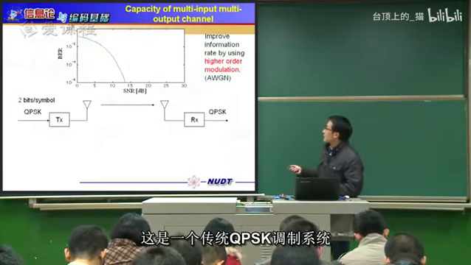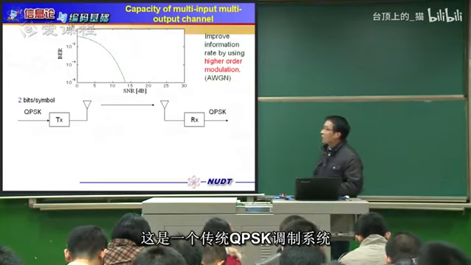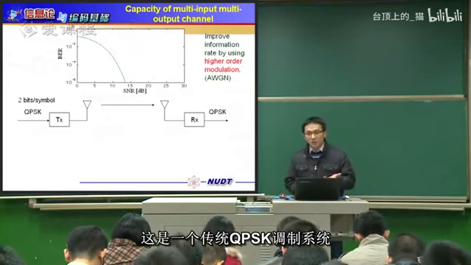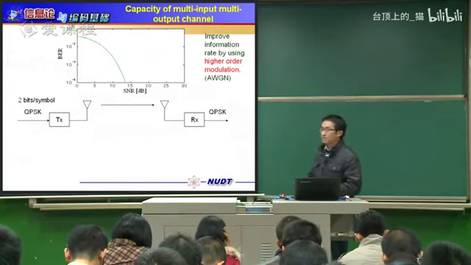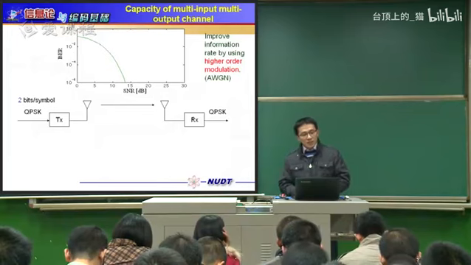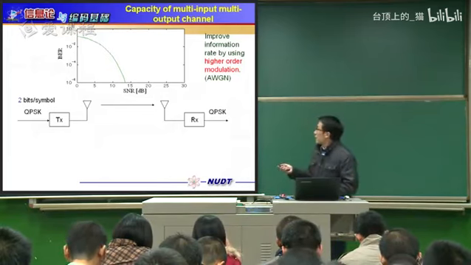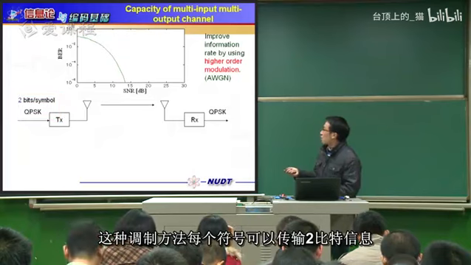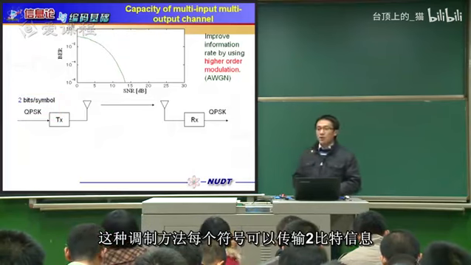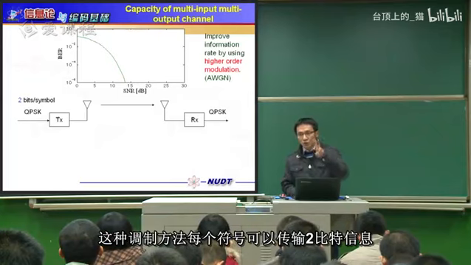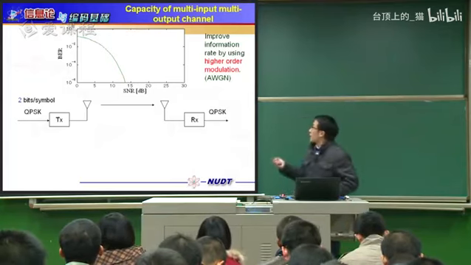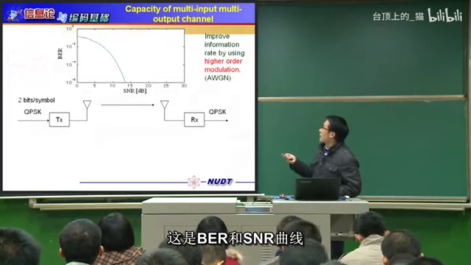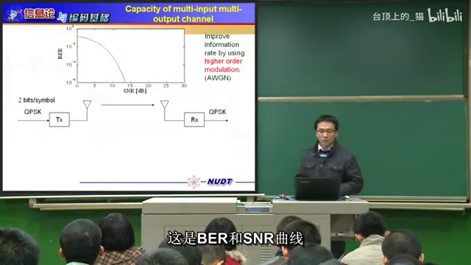Please see, this is a system for single antenna with QPSK modulation. For this modulation, each symbol can transmit 2 bits information. We can see this picture is the BER over SNR curve.